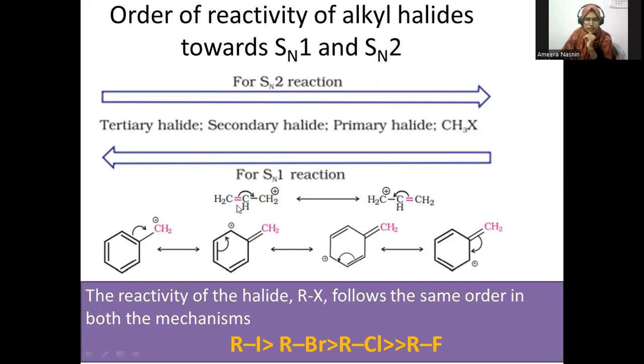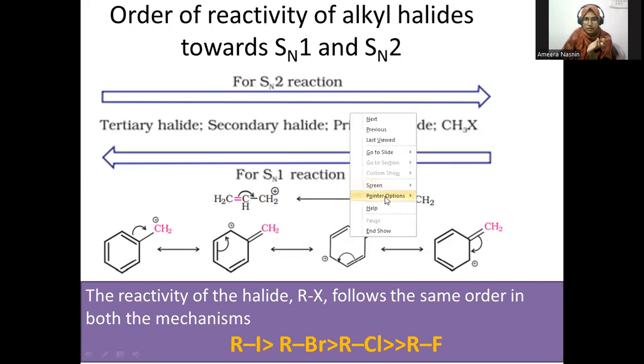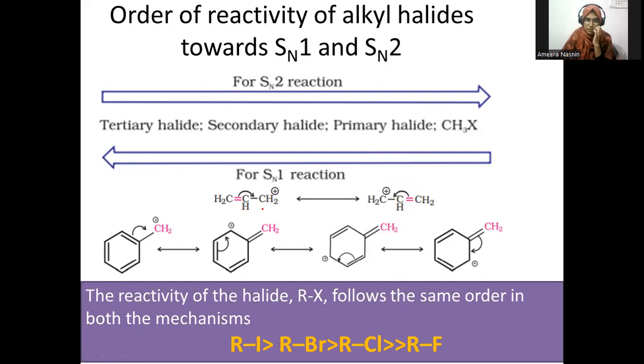In this case as well, if we take an allyl halide or a benzyl halide, we get an allyl carbocation or a benzyl carbocation, and these two have extra stability.